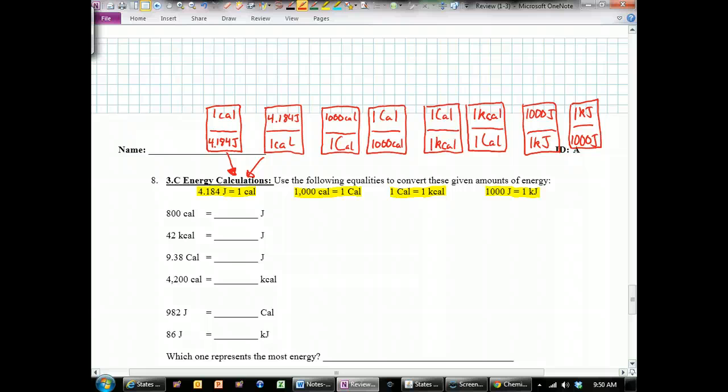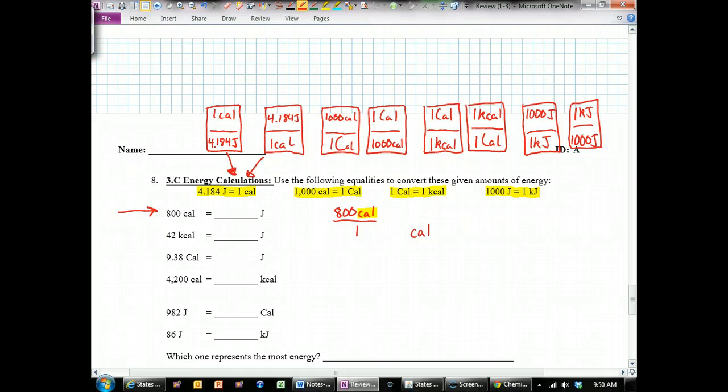So I'm going to start with problem number 1. 800 calories. I'm going to write the given over 1 as a fraction. Now, the game that you're going to play is, whatever you have units wise on top, you're going to find something that has those units on bottom.